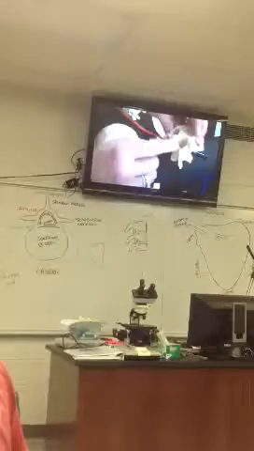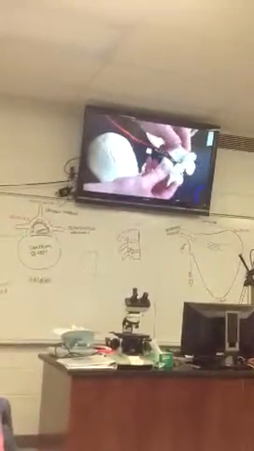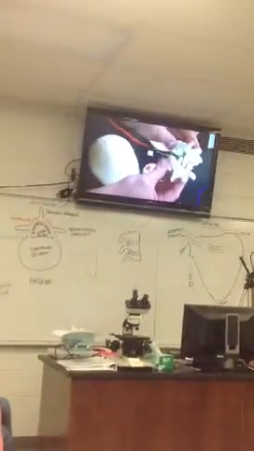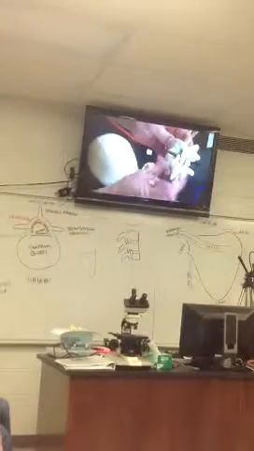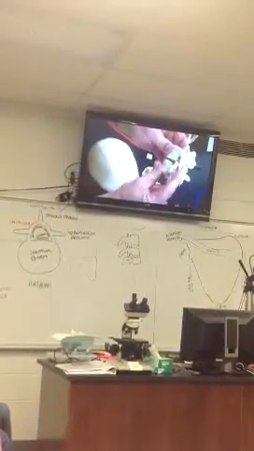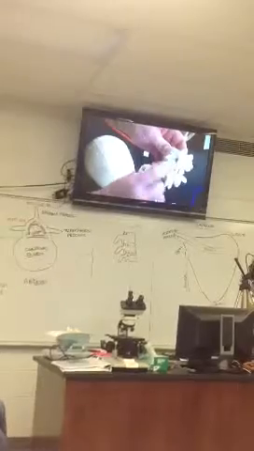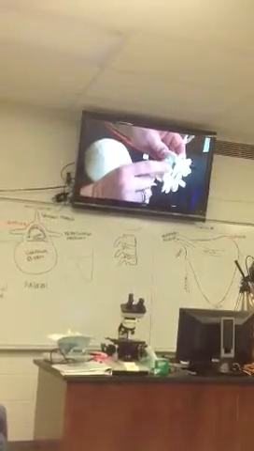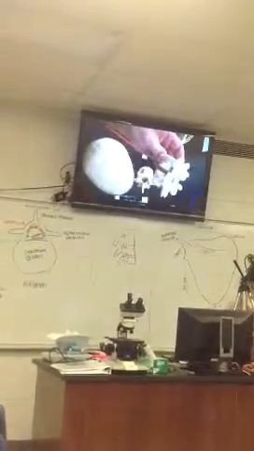All of them have superior and inferior articular processes. If you look at this model here, you can see they fit together kind of like a jigsaw puzzle. And the inferior process of one articulates with the superior process of the next one. So they fit together like a jigsaw puzzle.